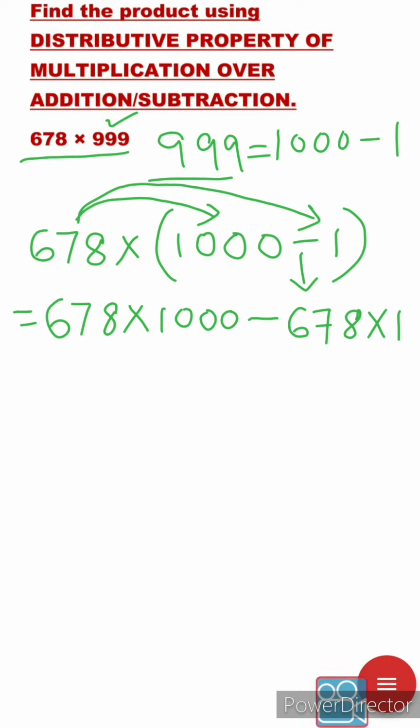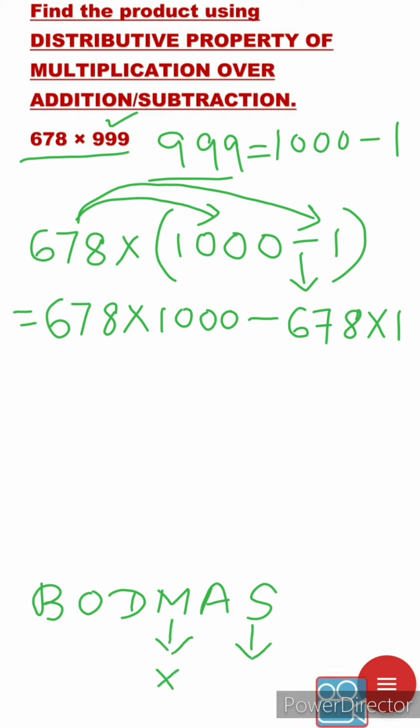Okay. Now you can see that there are two mathematical operations here. What are they? One is multiplication and the other one is subtraction. So which operation we will do first? For that children, we have to know the BODMAS rule. According to BODMAS rule, this M stands for multiplication and this S stands for subtraction.